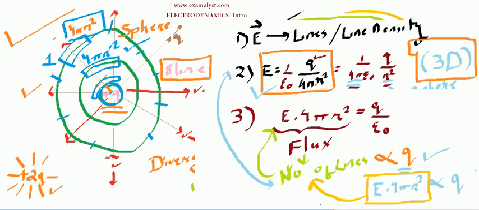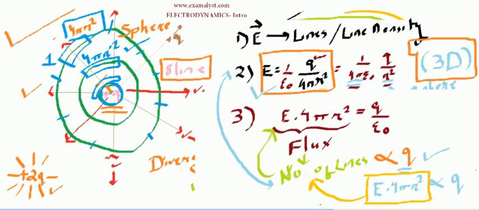It's quite logical. Everything is intuitive. So E dot area is proportional to q, and E dot area is called flux, because flux is number of lines, and number of lines depend upon charge, and E dot area depends upon charge. Hence E dot area is proportional to flux. It's very logical.